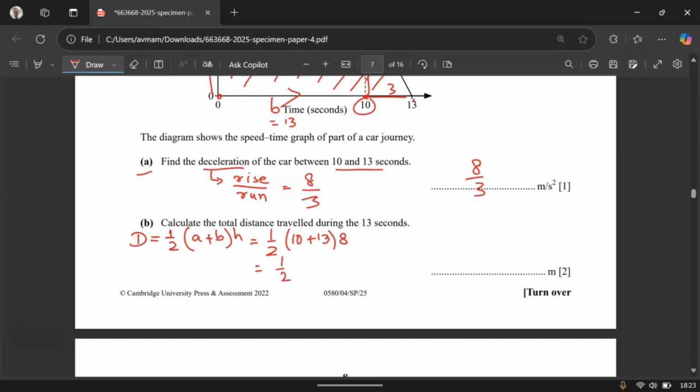Let's tidy up a little bit. Half times 23 times 8, and then simplify this, or this is a calculator paper, so you can use your calculator. This gives me 92 meters.